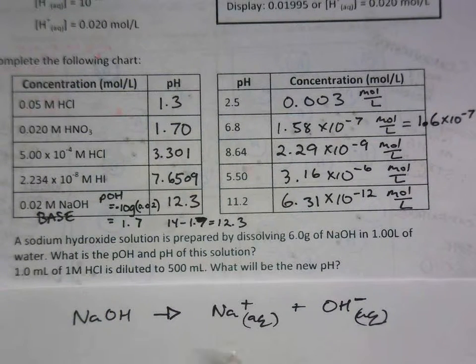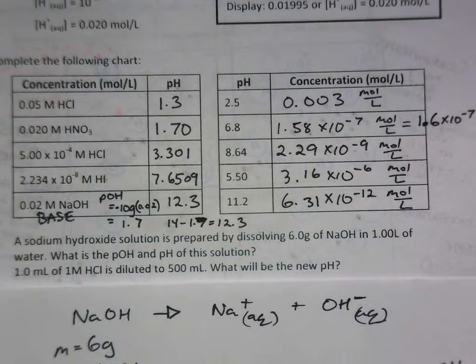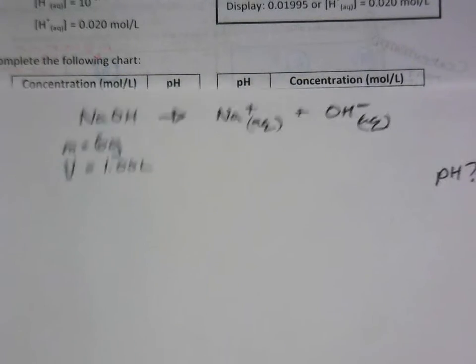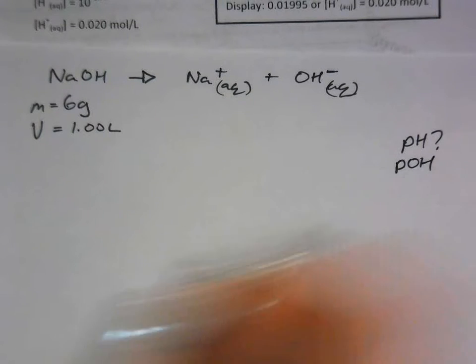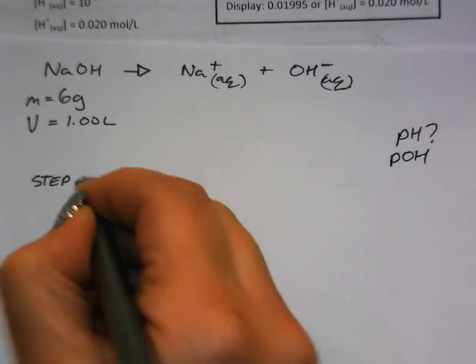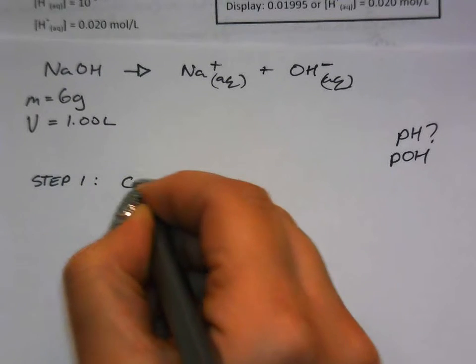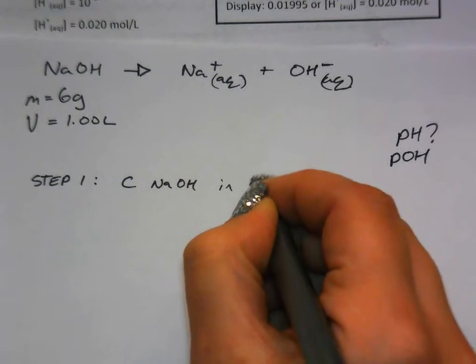We're dissolving 6 grams in a volume of 1.00 liters. We want to know the pH and the pOH. So, step 1. I need the concentration of NaOH in moles per liter.